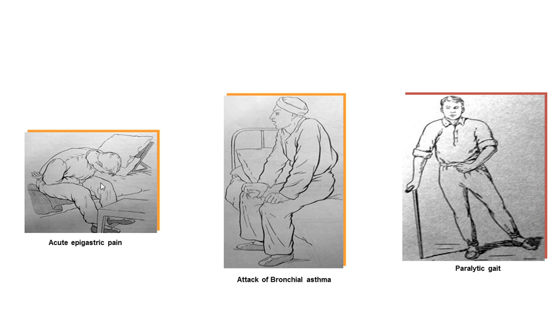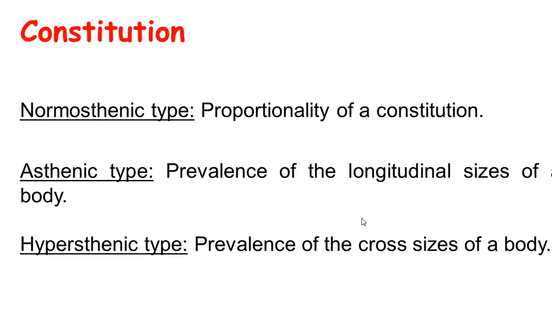To relieve pain, our patient has to take this kind of position. And a bronchial asthma patient has to sit and take this position. He is trying to open his mouth, to open his chest, and he fixes his extremities to open the chest. This is the forced position of a patient with bronchial asthma.